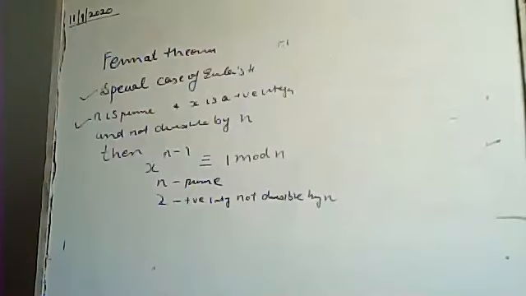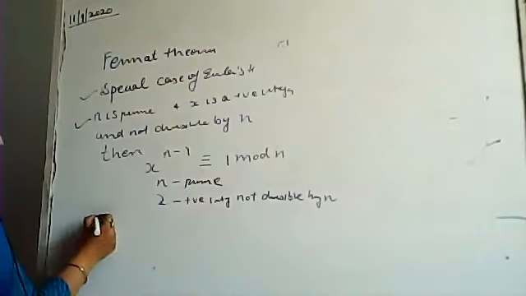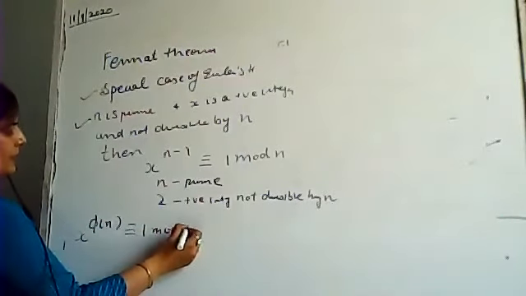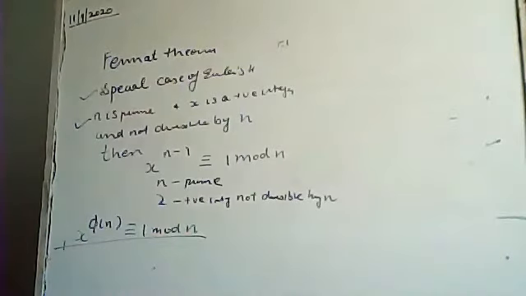Now this is the case where we can use this particular thing. So when we have n over here as a prime number, now for Euler theorem, what do we use? x raised to power φ(n) congruent to 1 mod n. This is the way we write Euler theorem.